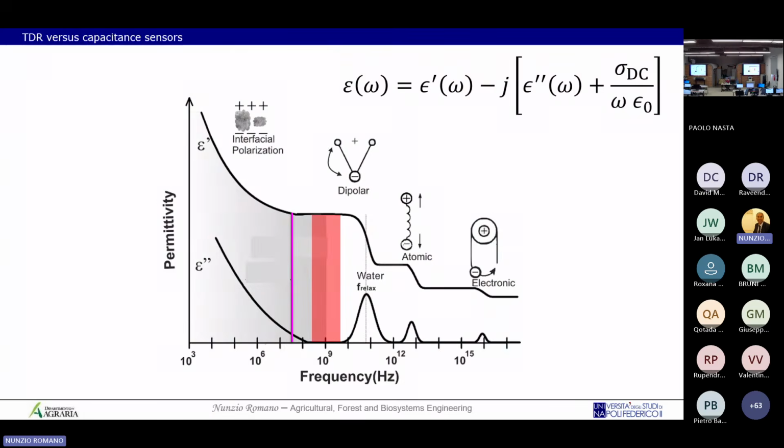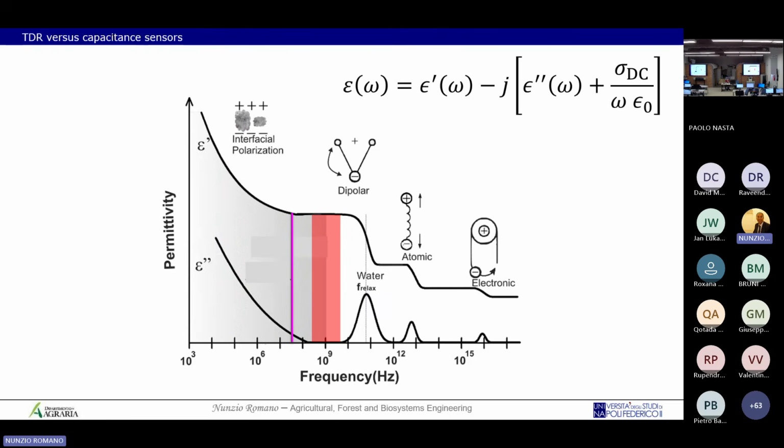So another classical question that I have from my students, but even from people who cannot very easily understand the differences between the TDR and the capacitance sensors. And again, I put in this slide the equation of the permittivity, the real component, the imaginary component.